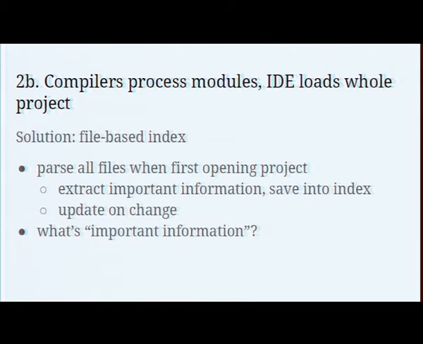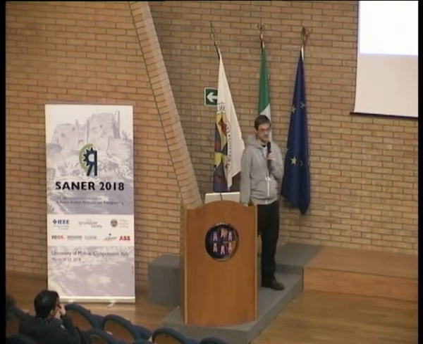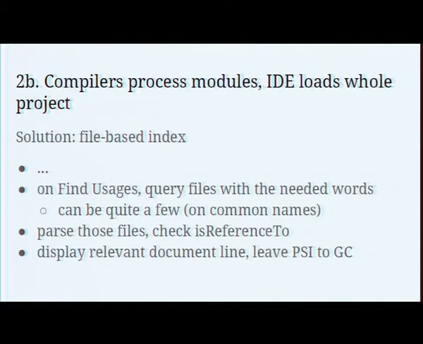It depends on the task. For find usages, it's just which identifiers does this file contain. We remember all of them, just in case. And when we are searching for usages of something, we take the name of that something, go to the index and ask it to give us the files which contain this word.